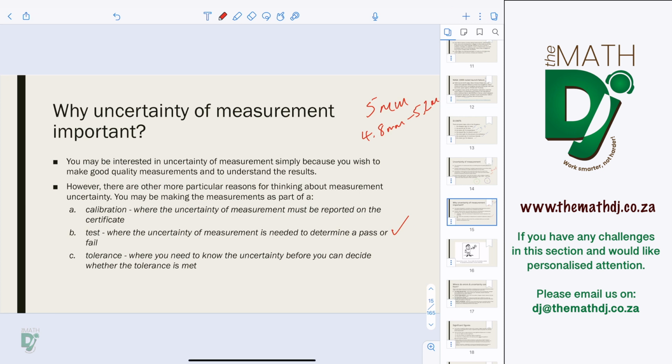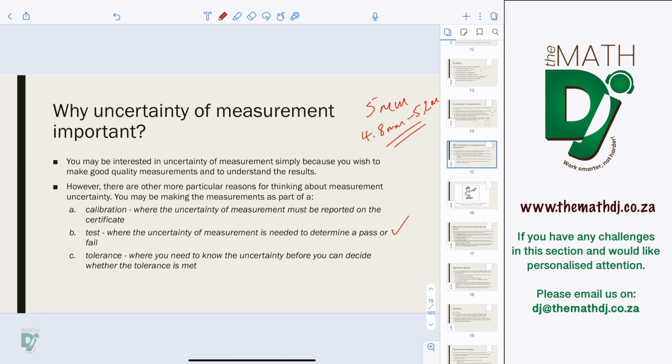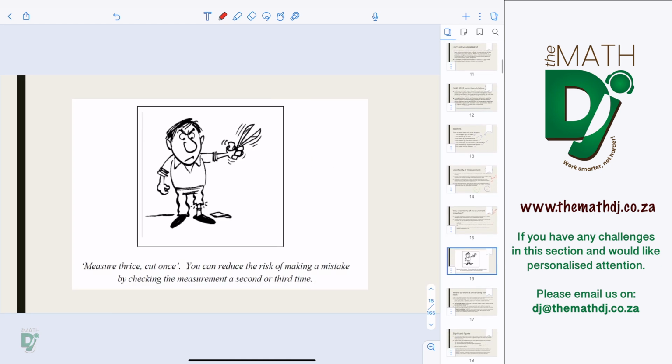So it means this range, you accept it. That is part of the test, and tolerance is part of which range is acceptable. So measurement is done for 3 reasons: calibration, testing, and tolerance, to know the specs of a device. Okay, moving to the next.